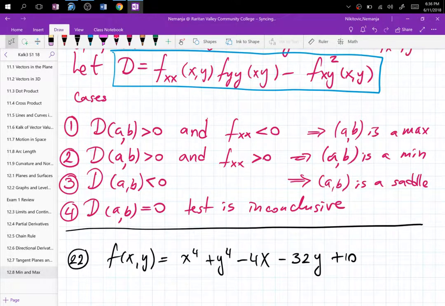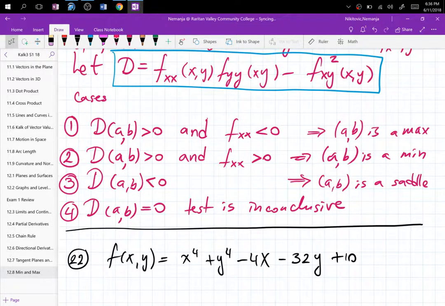Don't we need a point? No, there's no point. Oh, like x where x is 0. Oh, because you have to find the critical point, like where you're at x is 0. First part, x partial derivative and y partial derivative. Plug in. Well, fxx is 0, fyy equals 0, fxy would be 0.